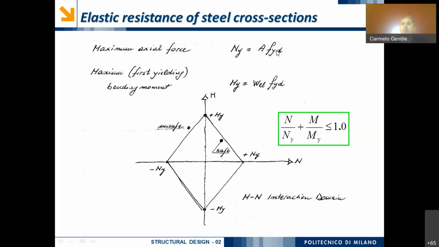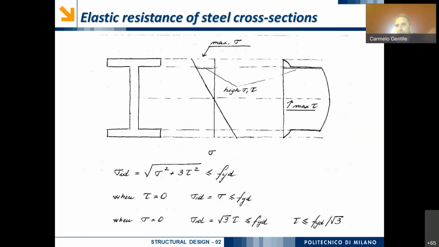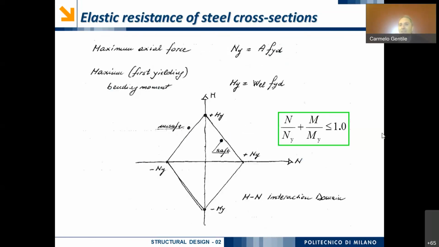So we have all fibers undergoing the same elongation, the same strain equal to the strain corresponding to yielding, and so the same stress, which is equal to the stress corresponding to yielding. So let us assume, for example, that the shape of our cross section is a symmetric shape, like an I-beam like this one, which is completely symmetric. And let us refer, for example, to the horizontal axis.